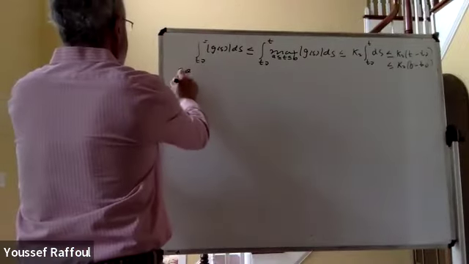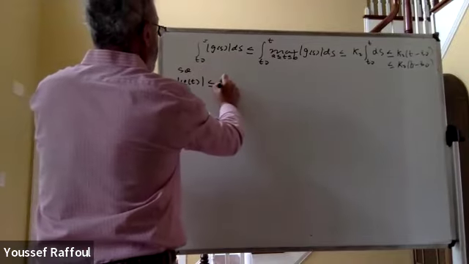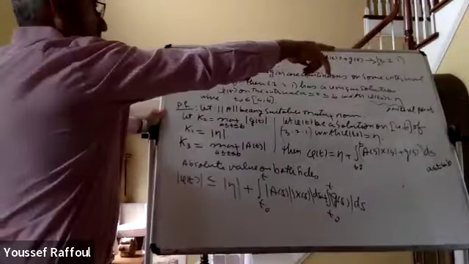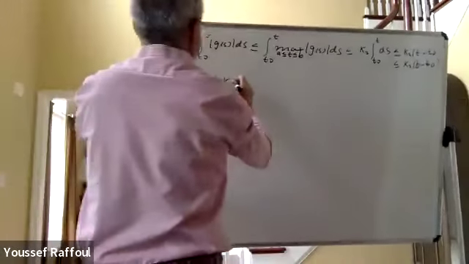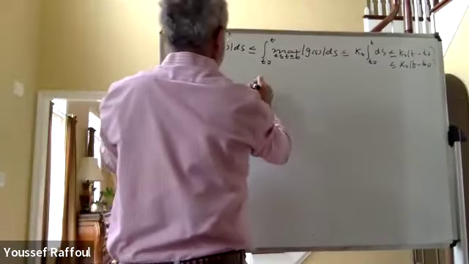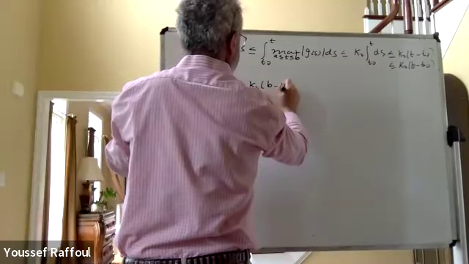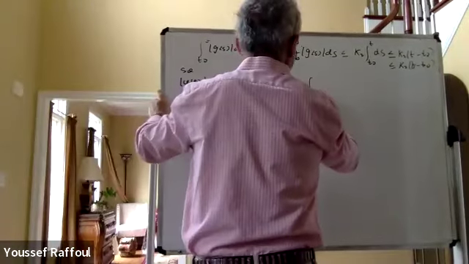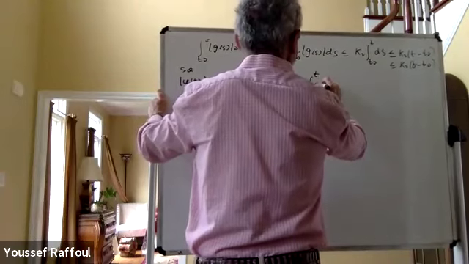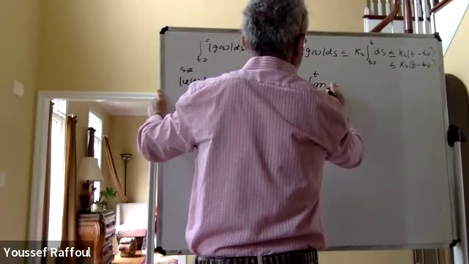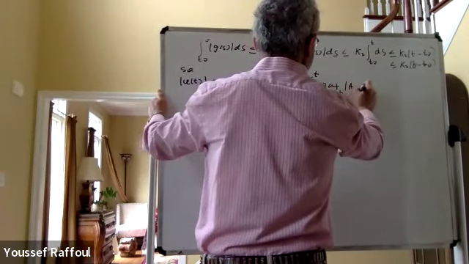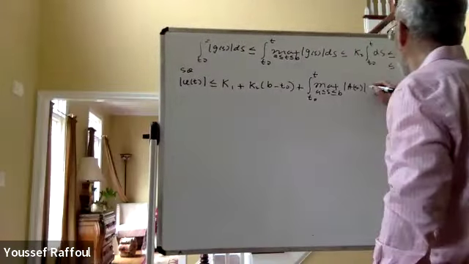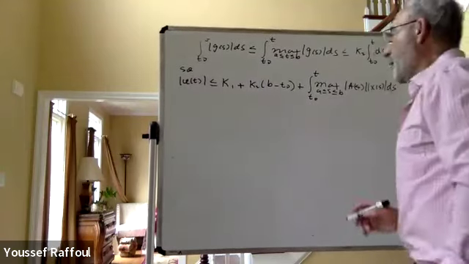And so phi of t is less or equal to a dot, which is K1, plus K2 (b minus t naught), plus, I still have the integral from t naught to t of the max of s between a and b of a(s) times phi(s) ds.